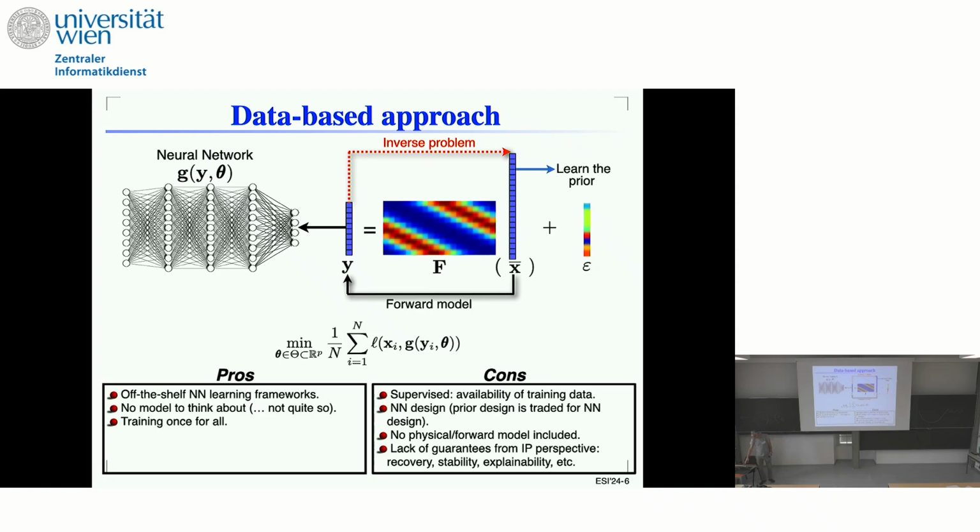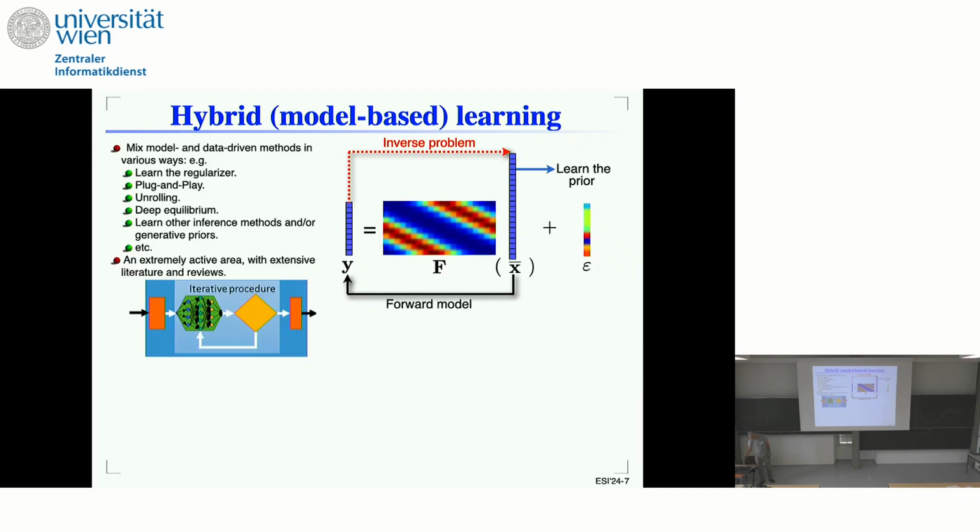Okay, what can we do? We can move to some sort of hybrid approach, trying to hybridize variational models and the data-based approach. To mix them, we can, for instance, learn the regularizer. We have a variational model, and then we learn the regularizer. You can see this as bilevel programming.